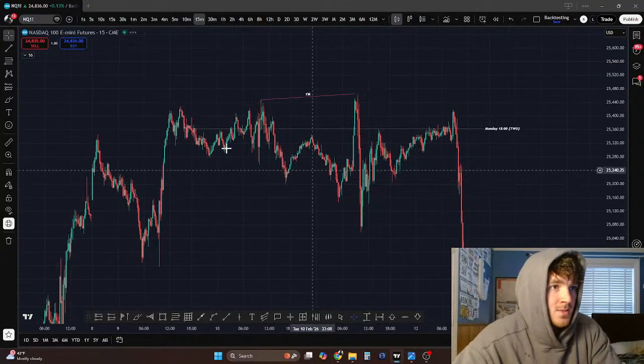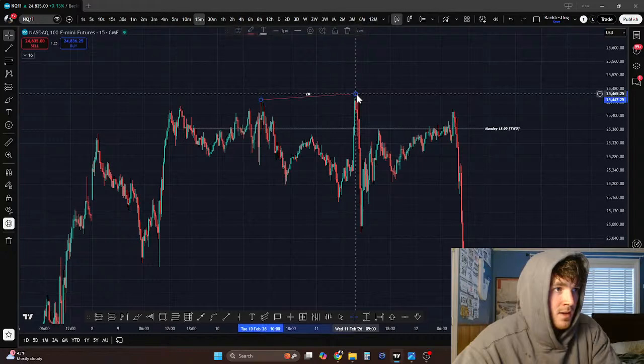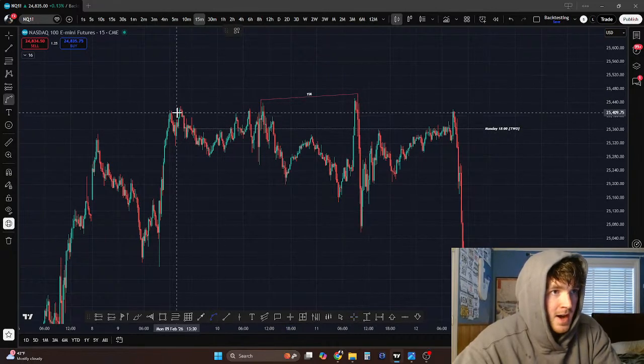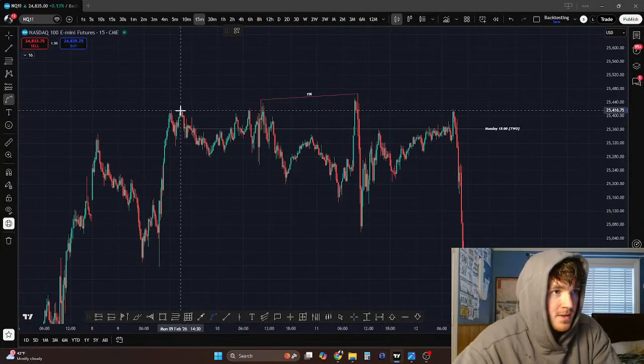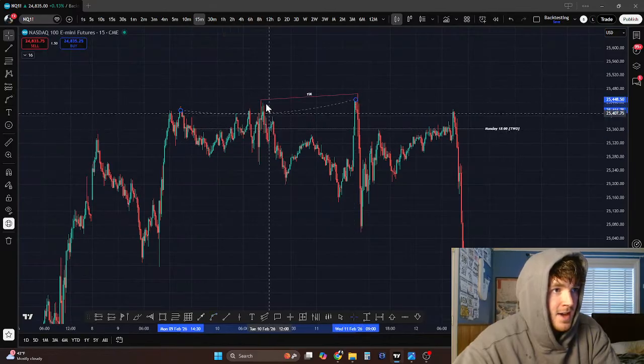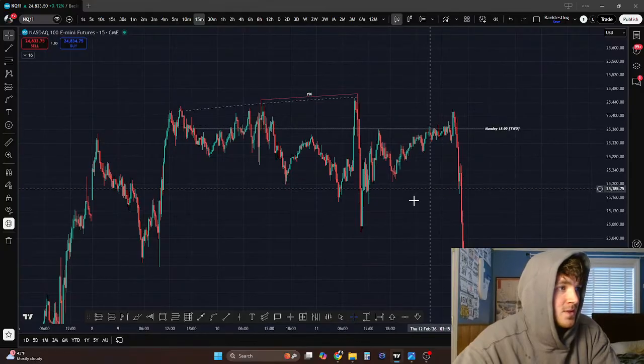So essentially what we have going on here is a market maker sell model. It very much is. We have essentially Wyckoff, a three drives formation. That's a high, a higher high, and then a third high, and then a failure swing. And this is the failure swing.